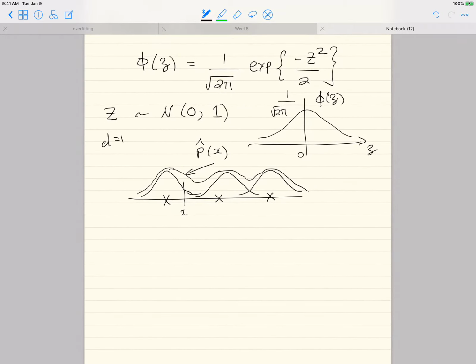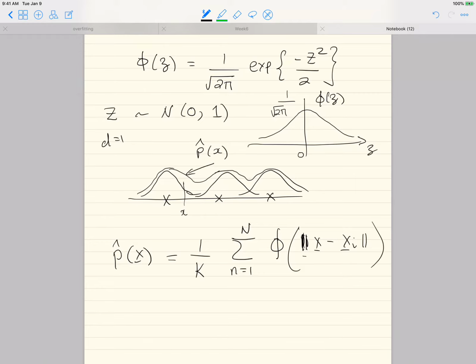Mathematically, what you do in higher dimensions is take the norm values. So p hat of x will be 1 by k times the summation of n going from 1 to capital N of phi, this phi function of the norm of x minus xi divided by r.